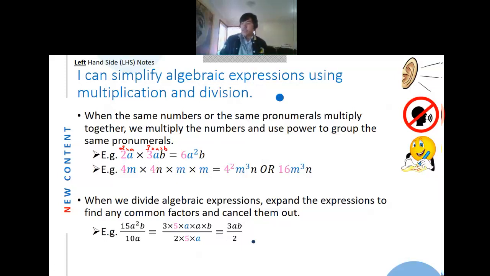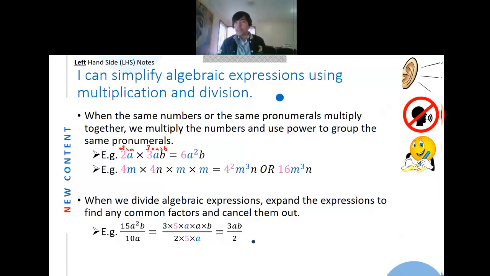Here we've got two numbers and three letters. We are going to multiply the numbers together. The 2 and the 3, we multiply them and we get 6. And we've got the letter a and the letter b.